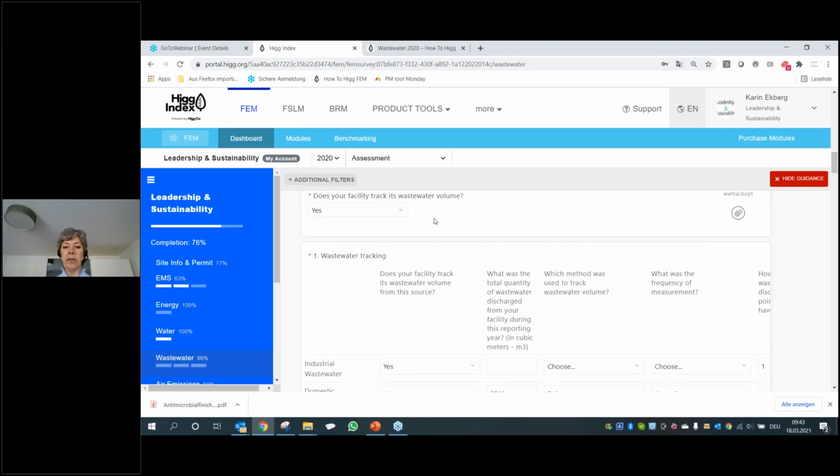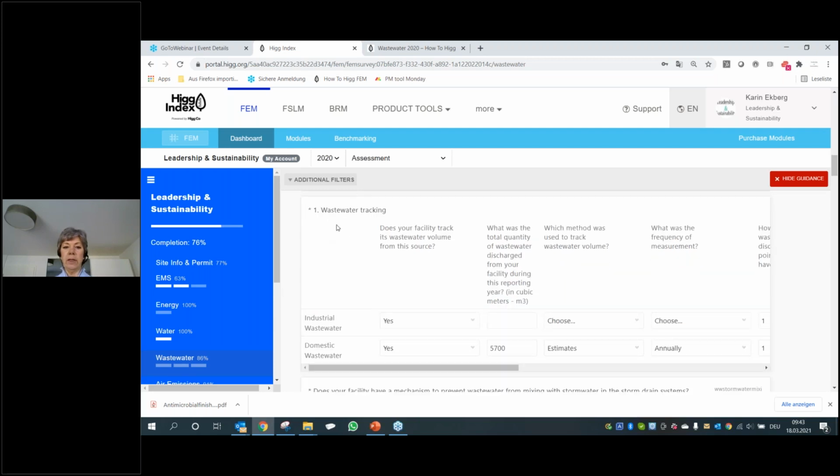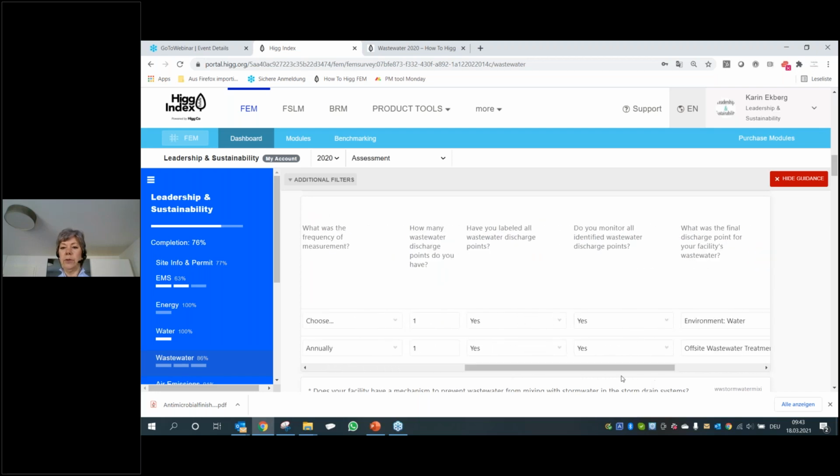If I say yes here, then I get this table, and it is already populated with both industrial wastewater and domestic wastewater. And then you get the specific questions related to industrial wastewater and domestic wastewater respectively. Do I track my wastewater volume? What was the total quantity? How was it tracked? How often do I do it?